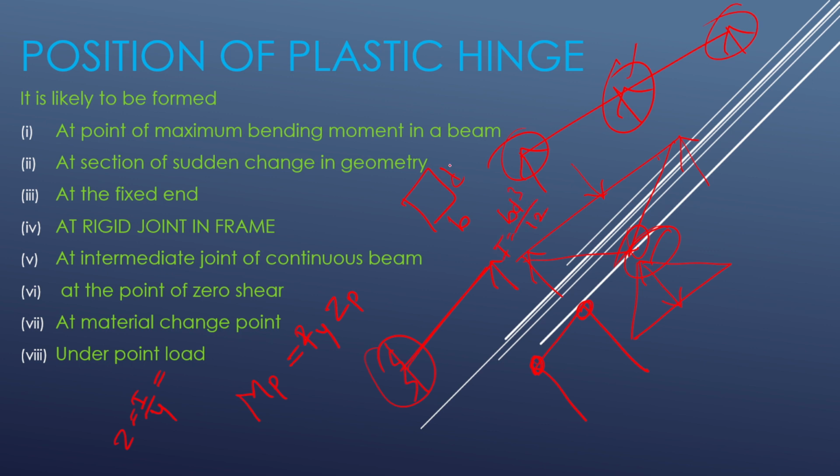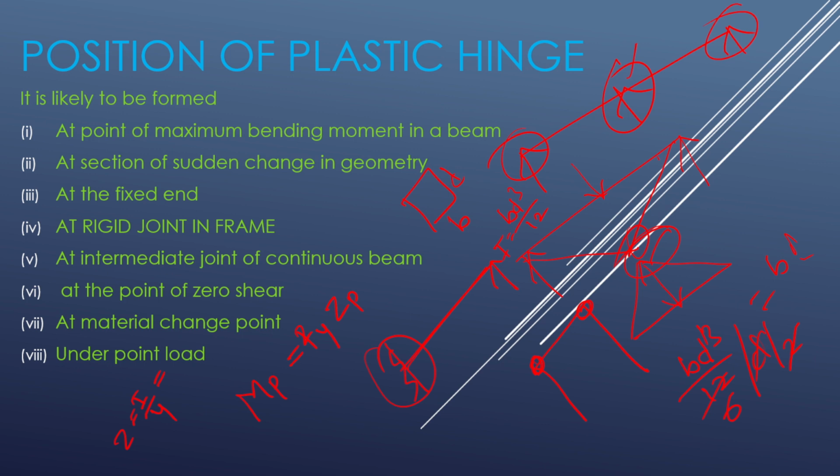So Z is BD cubed by 12 divided by D by 2; the D gets cancelled, giving BD squared divided by 6. So Z is BD square by 6.